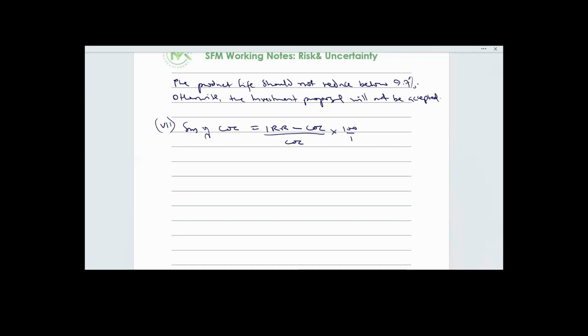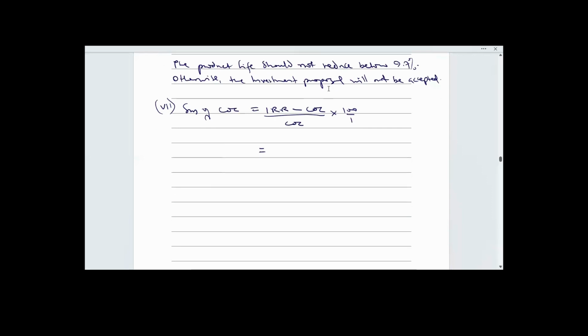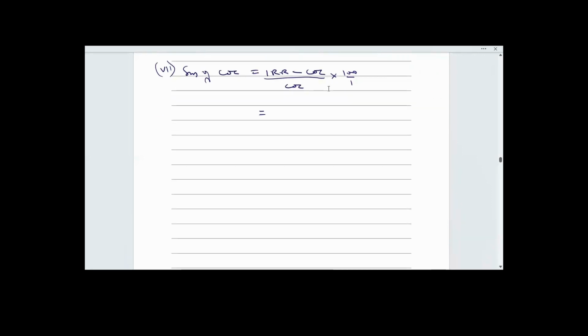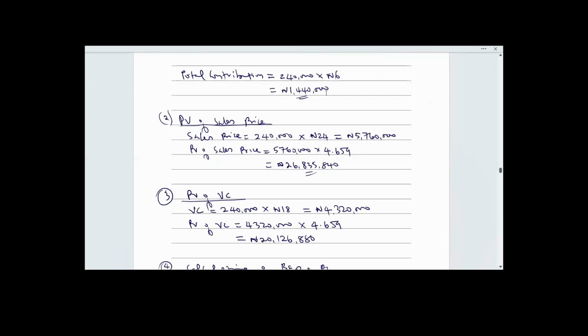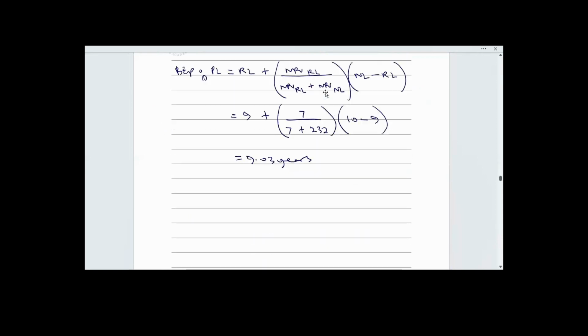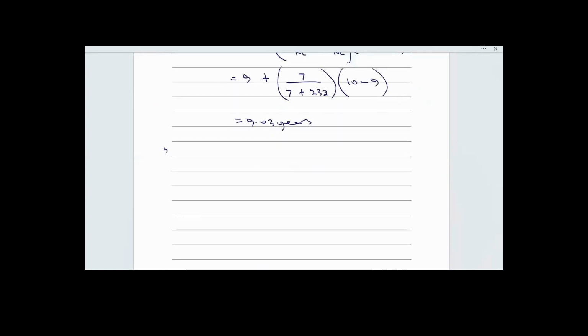From this formula, since we have internal rate of return, I need to first of all go ahead and calculate internal rate of return. Then I will come back to calculating the sensitivity margin. So that will be working number 5. Working number 5, I want to calculate internal rate of return.